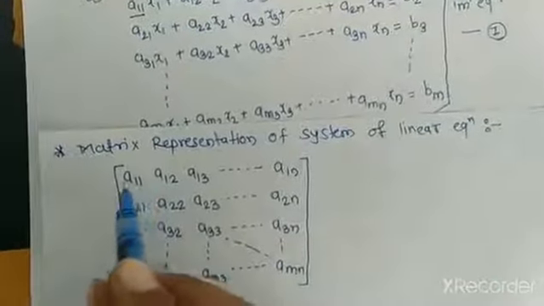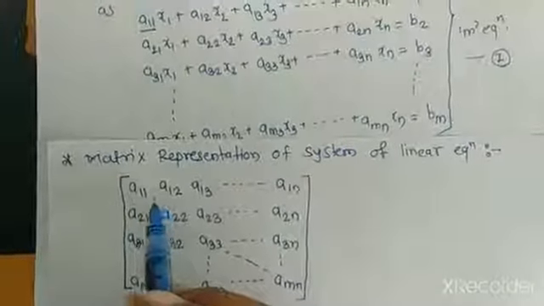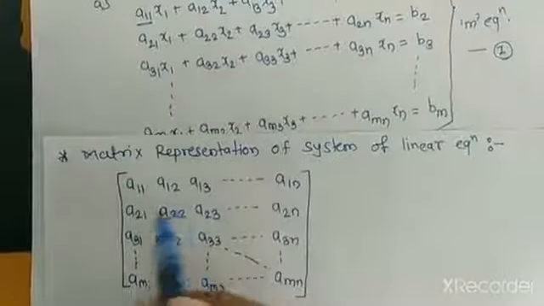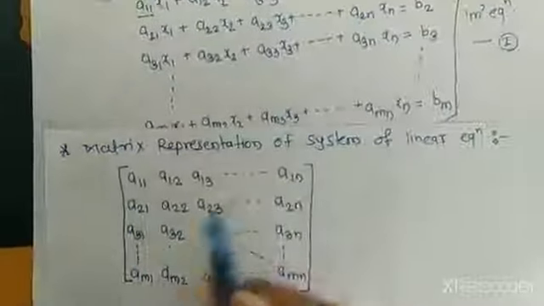If we see the first row, they are all the coefficients in equation 1 of the variables x1, x2, x3 up to xn.